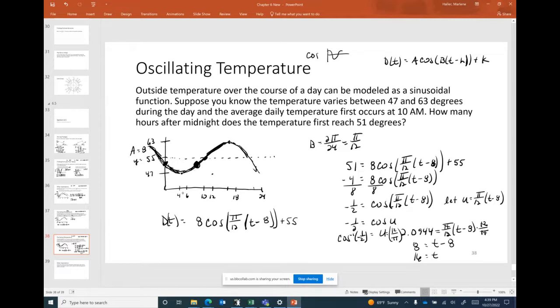All right, let's see. The shift, so it's at 10 a.m. The average, oh, I did it with a sine last time. This would have been easier with a sine. The shift here is wrong, though. It shouldn't be 8, should it?